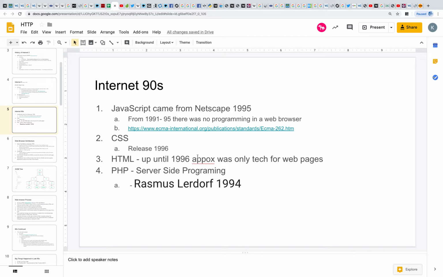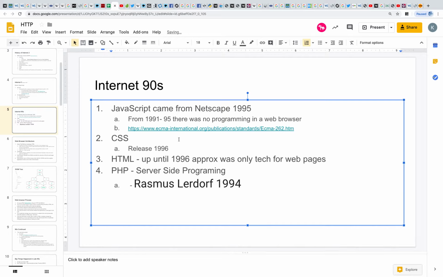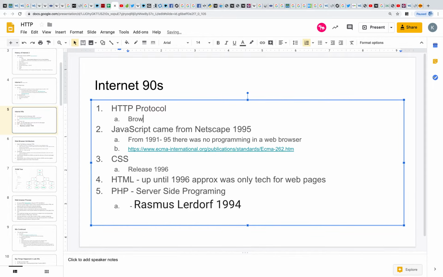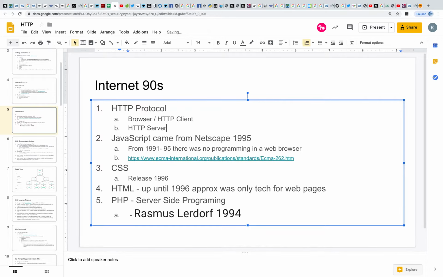When it was released, the only thing that we had was HTTP. So let's just put this up here: the HTTP protocol, the browser or web client, or HTTP client, and the HTTP server.